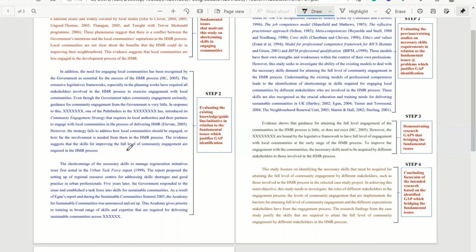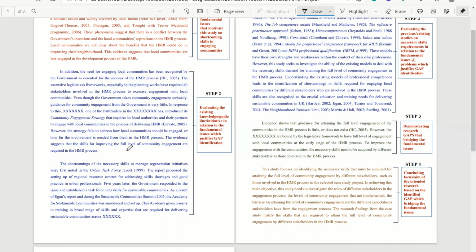What happened now? Is the community less engaged? If they are less engaged, in what way? They are less informed. Why are they less informed? Is it that the local community is unable to fully engage, to inform the community of the benefits of this program to their communities, to their neighborhood?